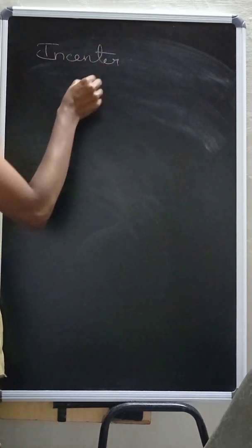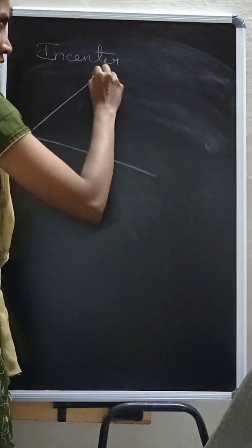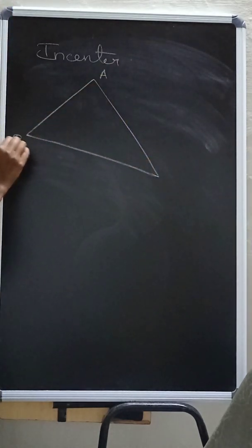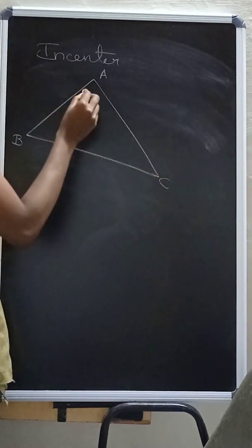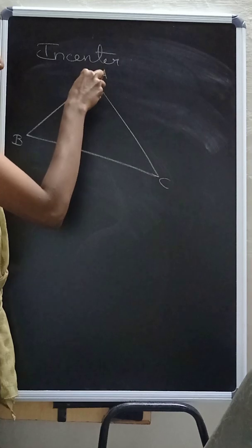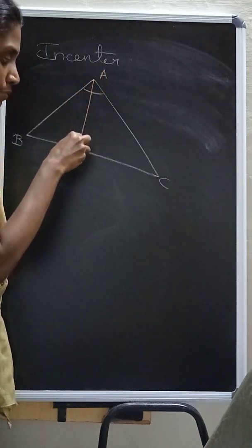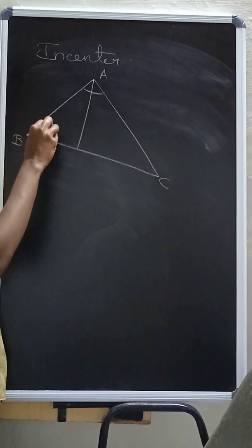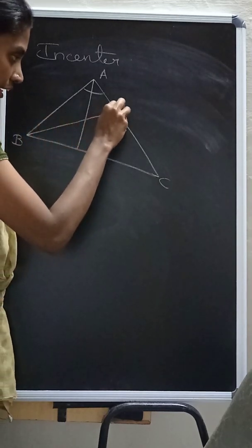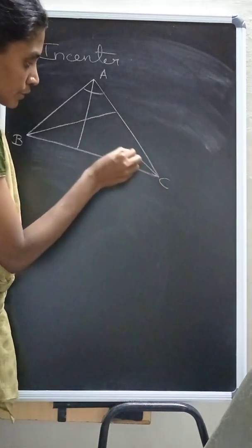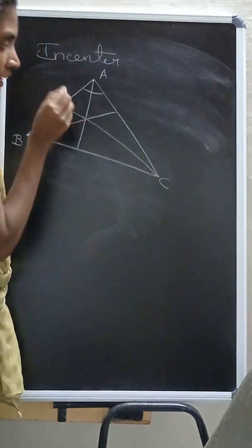In a triangle, you have three angles A, B and C. Now, this angle is split into two equal halves by a line. And angle B is split into two equal halves by a line. And angle C is split into two equal halves by a line.